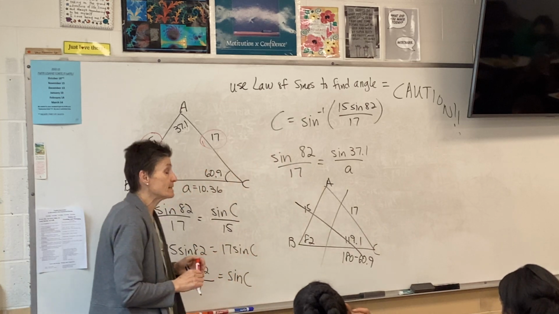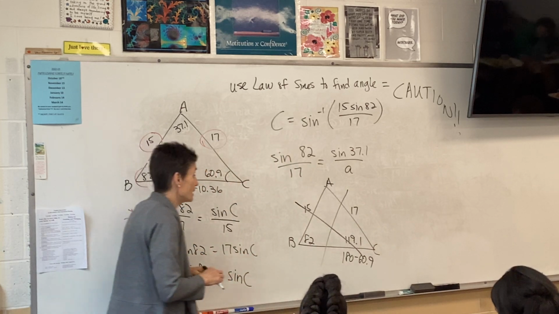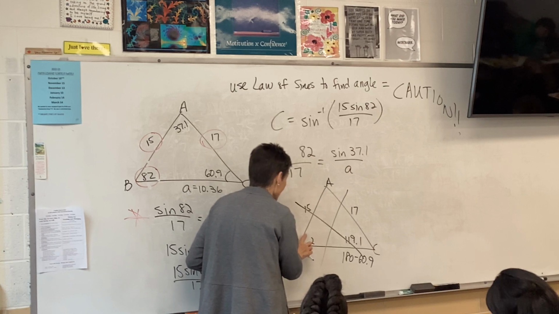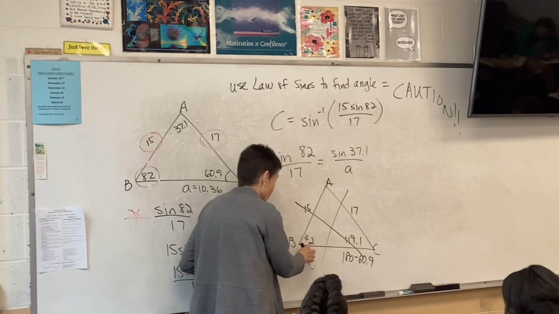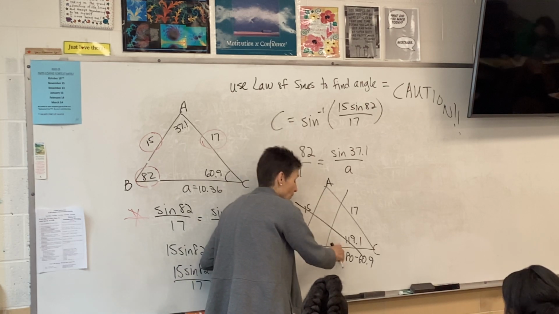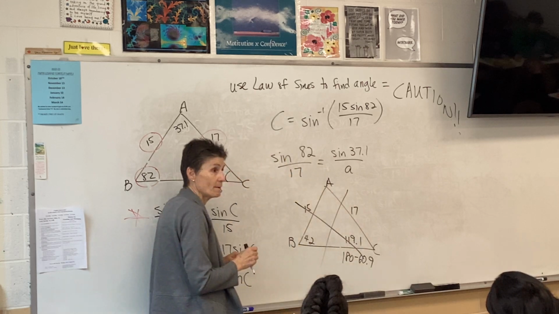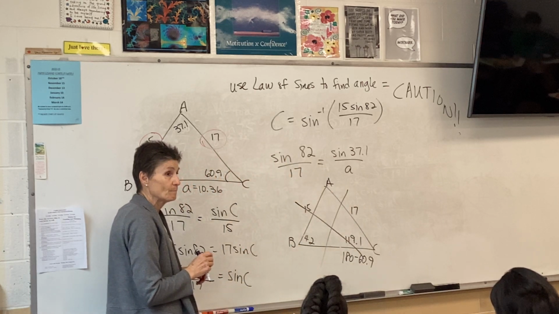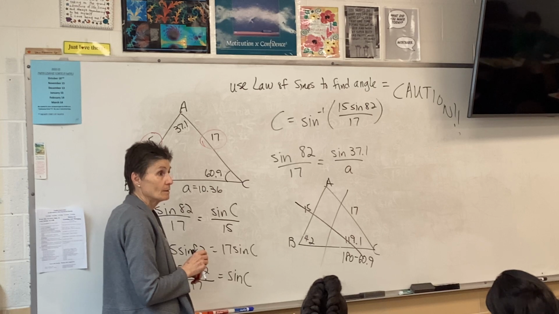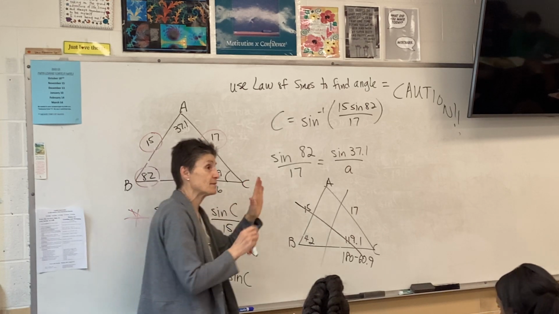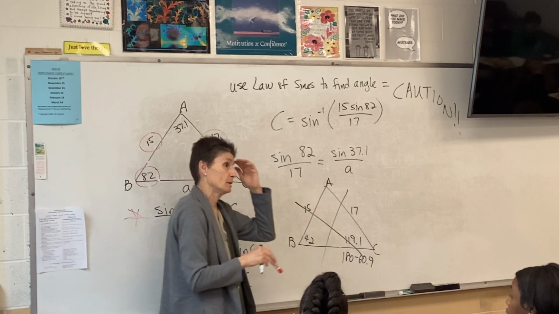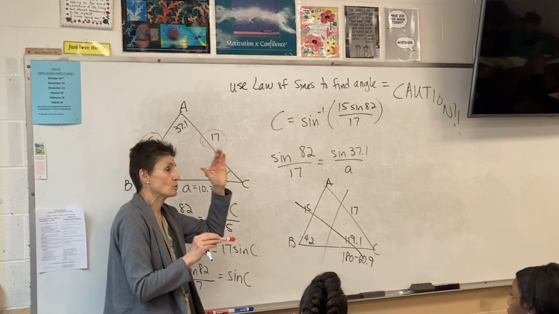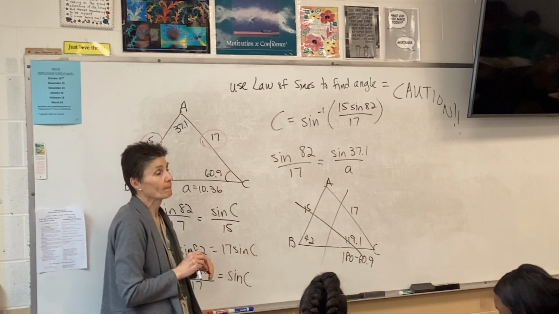The second one did not work out. If this had been like a 42, could that have worked? Yeah. And that would have been another triangle that would have been part of my answer. It's either 0, 1, or 2. Those are the only options.